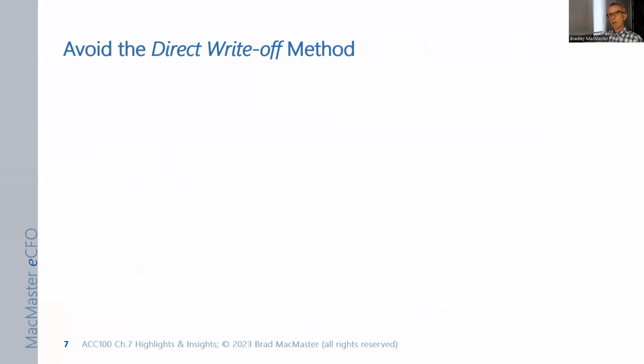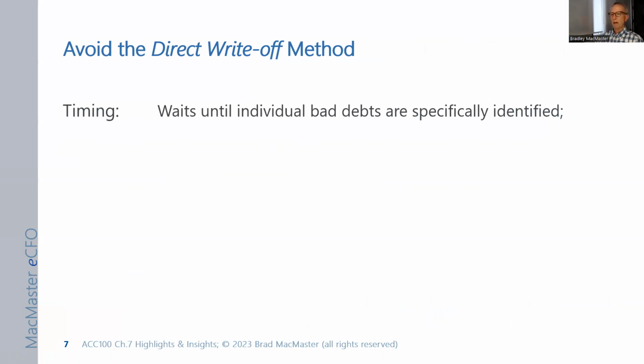All right, so other than using the allowance method, there's also something called the direct write-off method. And in this method, we don't make any adjustments to accounts receivable until we specifically identify whose debt is going to go bad.